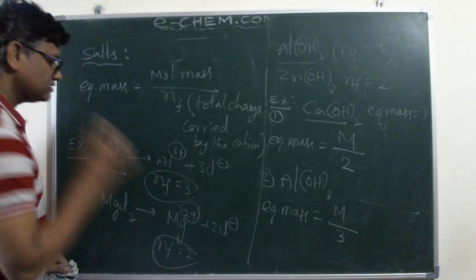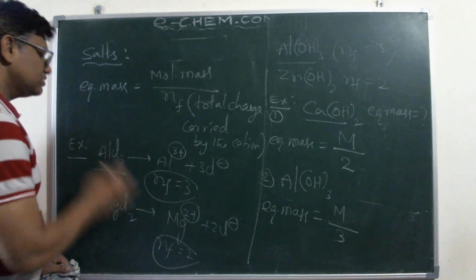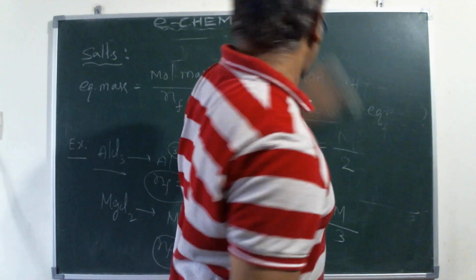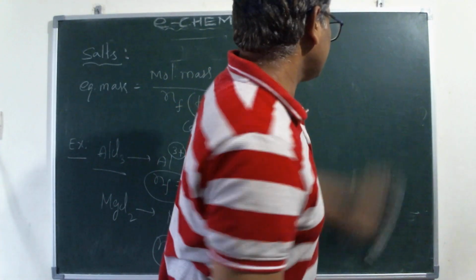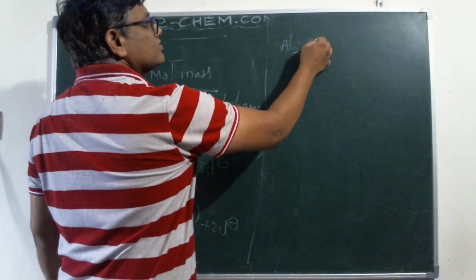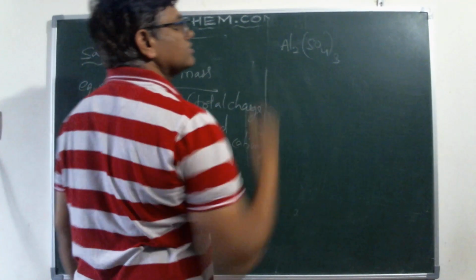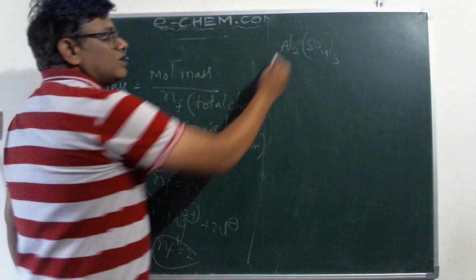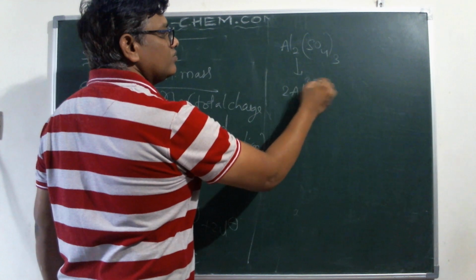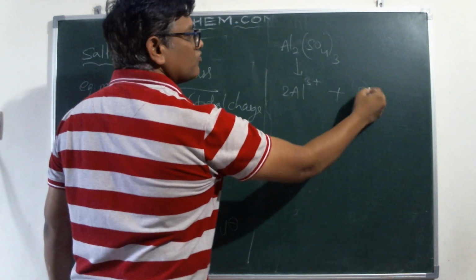So like this, we can calculate the n factor for the given salt. One more salt I would give you for calculation of n factor: aluminium sulfate. This is dissociated as Al3+ and SO4 2-.